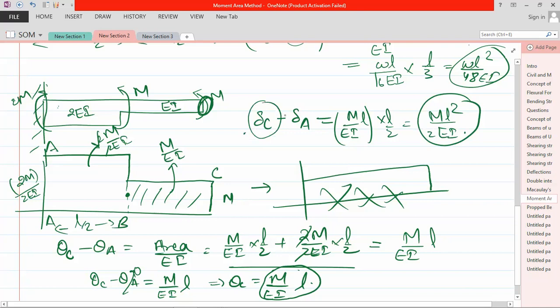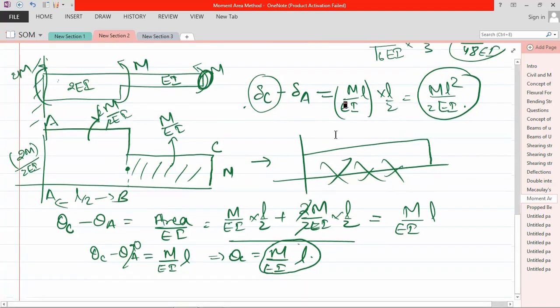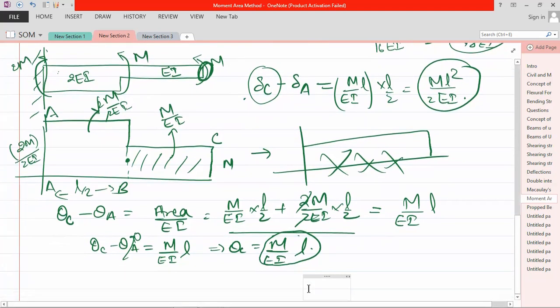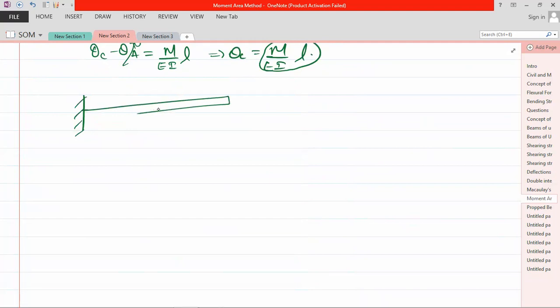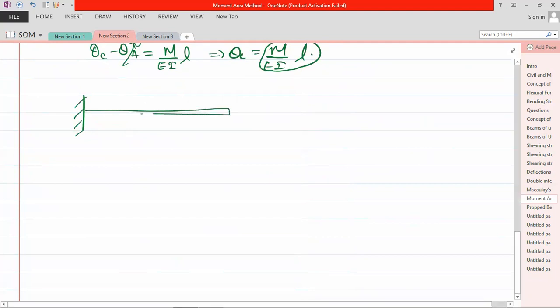I'm going with another question. Now suppose I am given a cantilever with load P acting, and the length is L. What is the bending moment diagram for this?